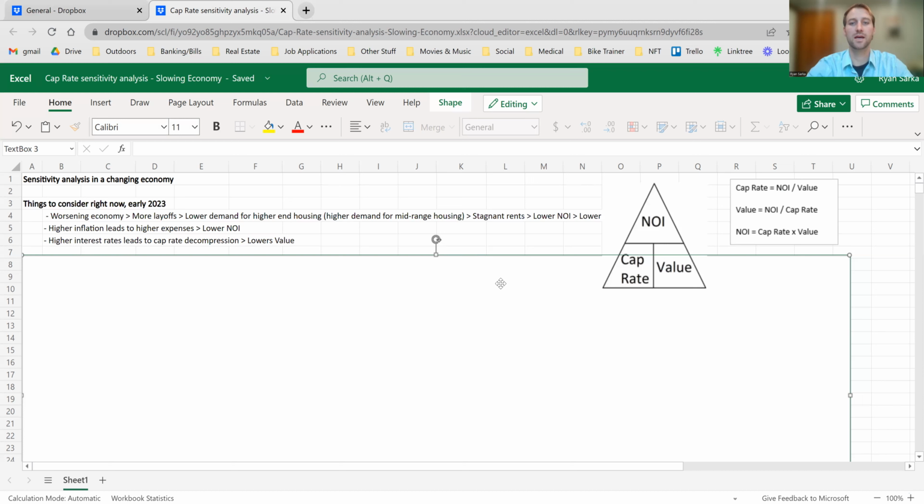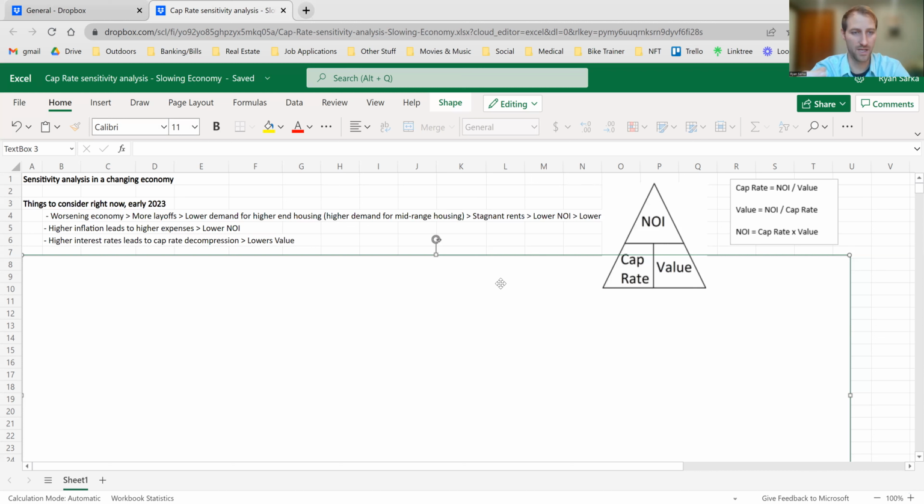Because of that, you could assume there's going to be a lower demand for high-end housing, and maybe those same people would go down to mid-range housing. There's not going to be a lower demand for all types of housing, but let's just say there's a lower demand for high-end apartments right now, which could lead to stagnant or even lowering rents, which would in turn lower your NOI, which would lower your value.